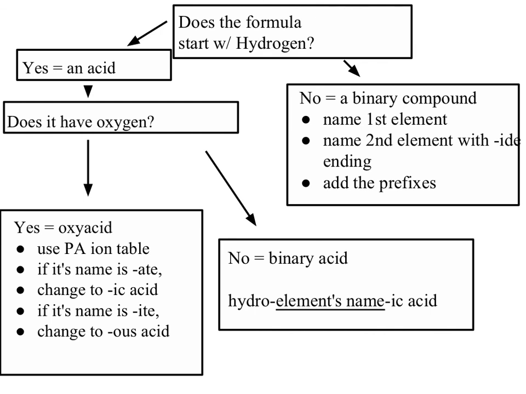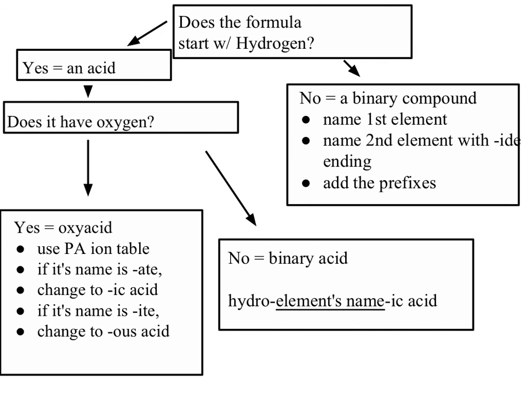Here's a flow chart that I think is helpful for deciding how to write the name. First thing you want to look at and see is, does the formula start with hydrogen? If yes, it's an acid at least 99% of the time. If no, it's a binary compound, so you just name the first element, name the second element with an IDE ending, and add the prefixes. If it's an acid, you have to decide if it has oxygen or not.